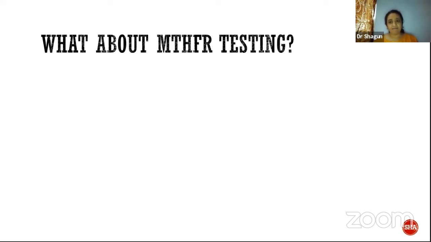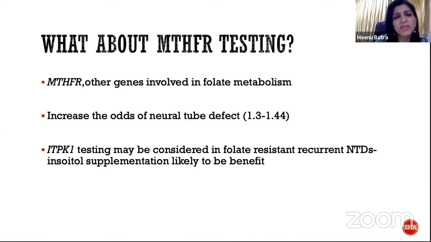So, in recurrent cases, should we be doing this MTHFR gene testing? What is your opinion on that? So actually, MTHFR, and there are certain other genes also of folate metabolism. Some mutations, or basically we call them polymorphisms, increase the risk of recurrent NTDs, around 1.3 to 1.4 times.